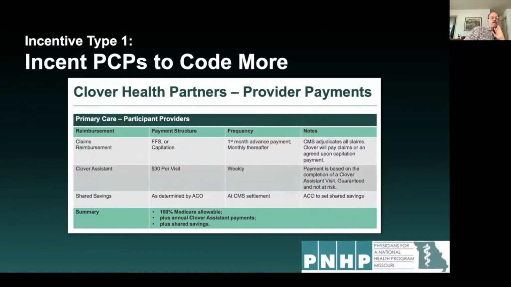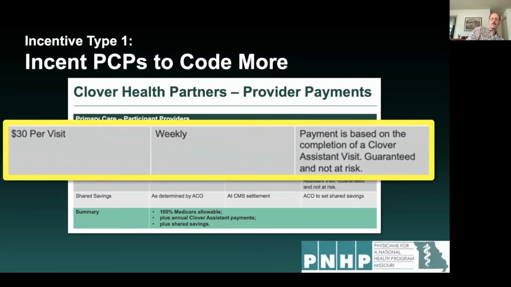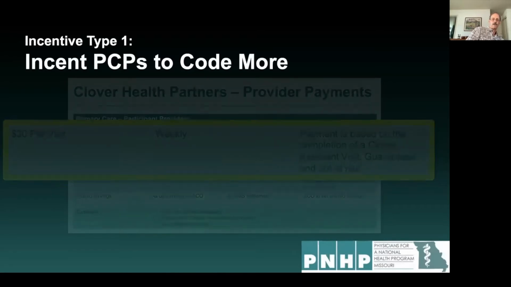And in the notes, well, I'll just leave this as this is involving various incentives to get providers to code higher. Payment is based on the completion of a Clover Assistant visit, guaranteeing it not at risk. And this is where they look for extra codes.